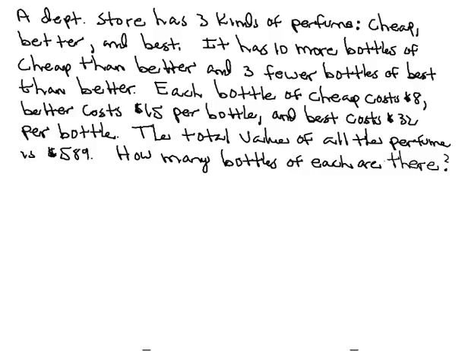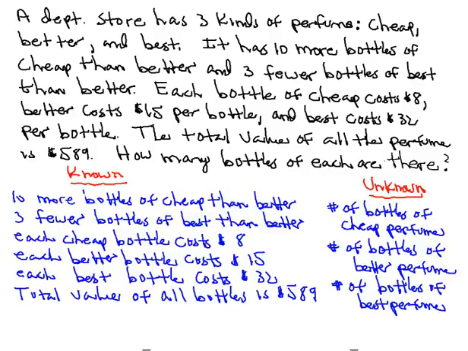and we're asked to find how many bottles of each there are. So our next step will be to organize the information into what we know and what we don't know. So under the known column, we can list the following: that there are 10 more bottles of cheap perfume than better, 3 fewer bottles of best than better, that each cheap bottle costs $8, each better bottle costs $15, each best bottle costs $32, and the total value of all the bottles is $589.